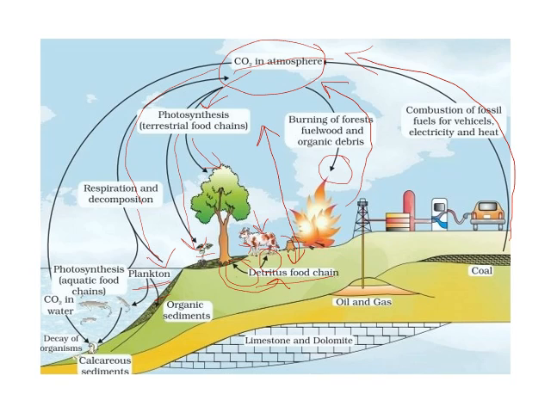As a result of photosynthesis in the aquatic ecosystem, biomass is formed in water, and as a result of decay CO2 is released. Some of it is sedimented in the form of calcareous sediments, and limestone and dolomites are formed. Since they are insoluble, they become unavailable to living organisms.